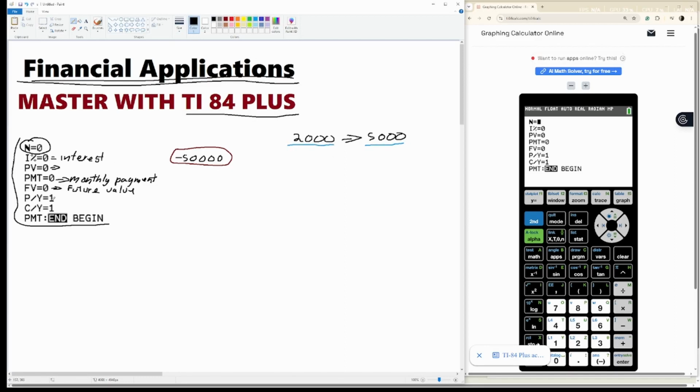And P/Y and C/Y are actually very important for getting accurate calculations as well. In your exercises, you're mostly given whether the interest is compounded monthly, annually, or quarterly.